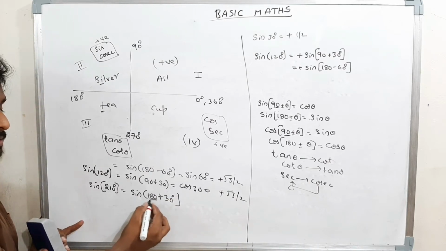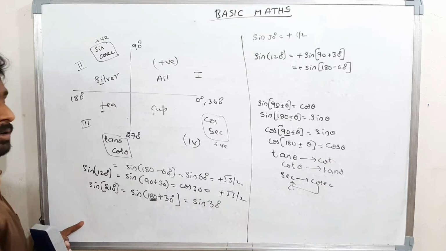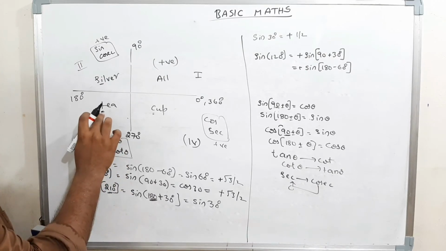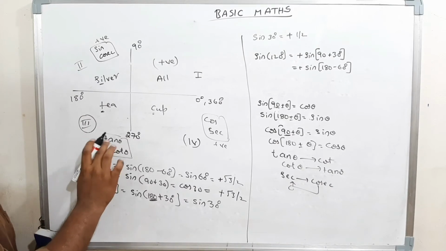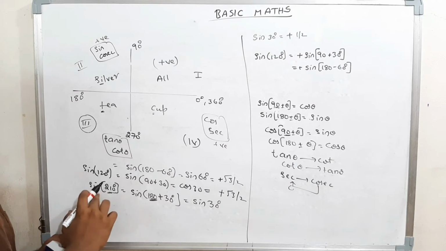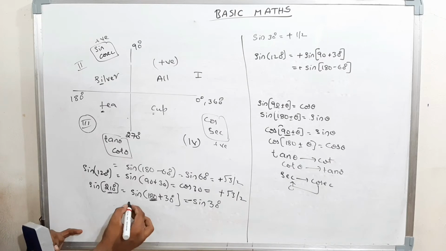Now, this is an even multiple of 90. Therefore sine will be sine, that is sine 30 degrees. Now, 210 lies in which quadrant? 210 lies in the third quadrant. In this quadrant, only tan and cot are positive. Remaining all are negative. That means sine 210 is a negative value. Therefore minus.